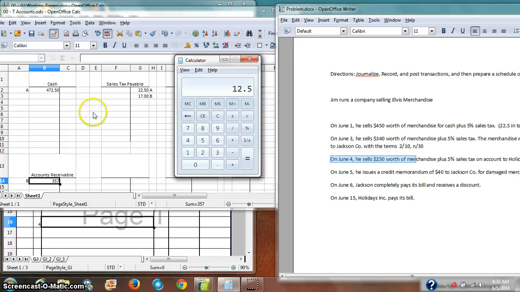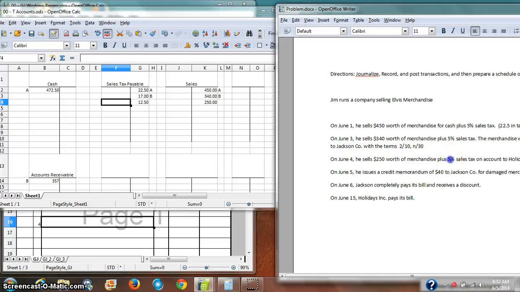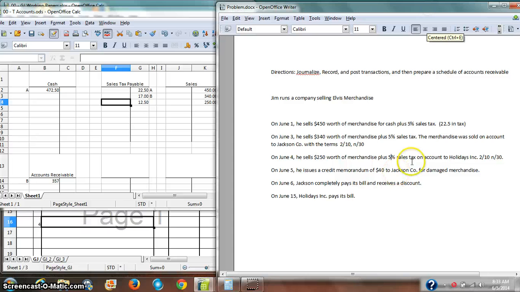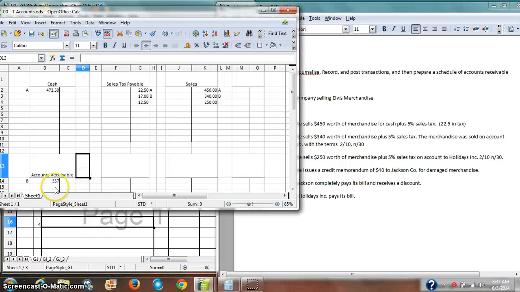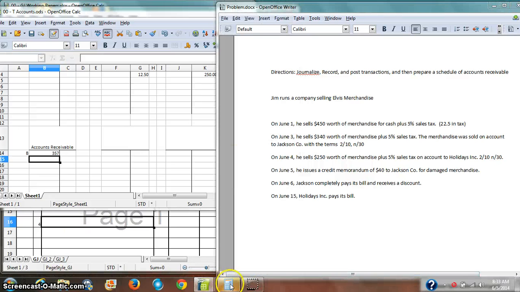So that means sales is going to be $250. Sales tax payable is going to be $12.50. And then the cash, or let me see here, this is actually accounts receivable as well. On account to Holidays Incorporated, 2/10, n/30. So this is accounts receivable. And of course I'll add the sales tax plus the actual amount once my calculator comes up.